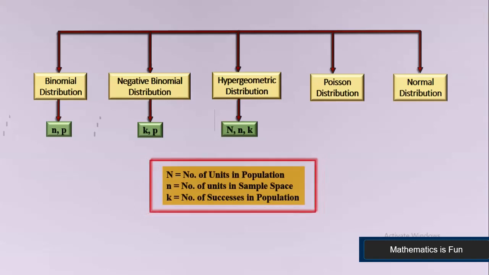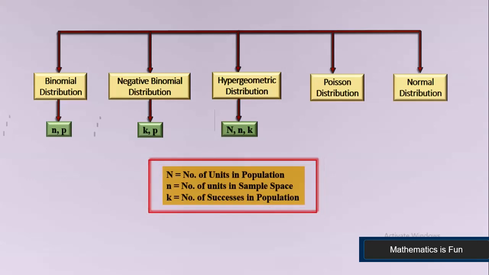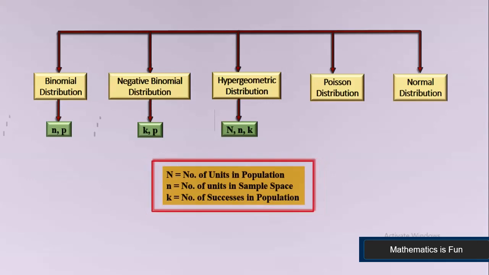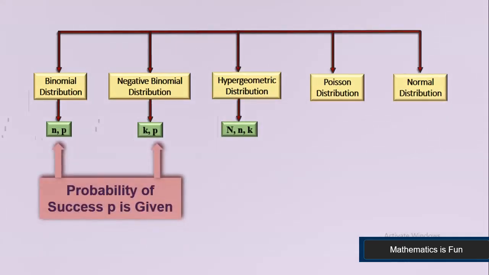So how can you judge whether it is a problem of binomial distribution or hypergeometric distribution? Here the main difference is that in binomial distribution, you are given the probability of success. You would be given the value of probability p because it is constant throughout the trial, and it is a parameter of the binomial distribution.